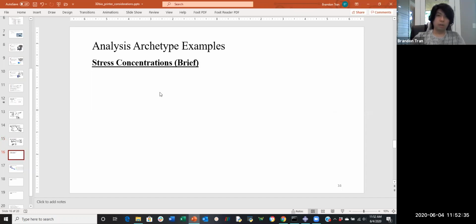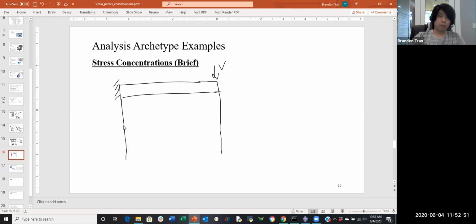So stress concentration, I just want to talk about this briefly. Stress concentration is something you should consider when, for example, we look at a simple cantilever beam undergoing a load. We're going to do a shear moment diagram here. This is for shear, and this right here is for moment. If we follow our right-hand rule, I'm going to assume the z-axis is going out of plane.